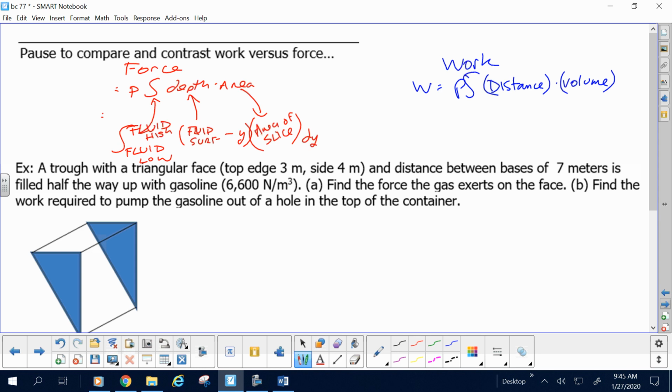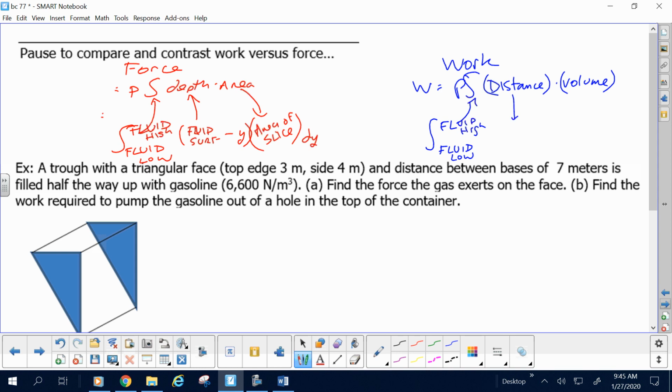But for volume, it does matter how far it goes back, because you'll get more volume. So in this case, the limits of integration, it's still the work to pump out the fluid. So the bounds are still, where is the fluid? Fluid low to fluid high. That's nice. That means that when you integrate, the bounds are always fluid. Always.